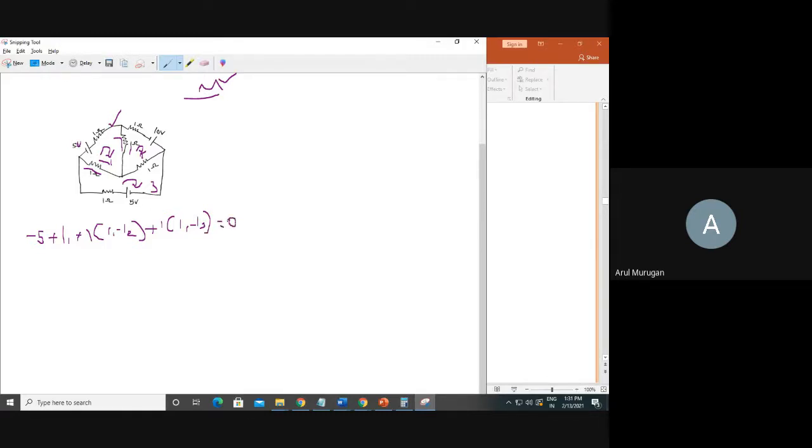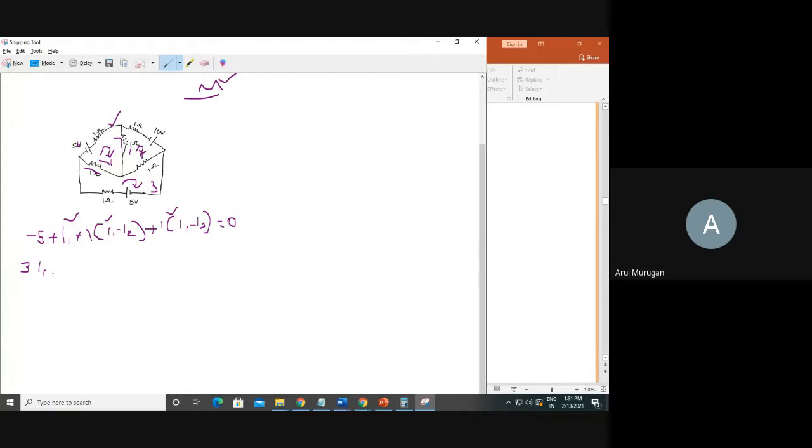Why is it equal to 0? Normally we will write minus 5, but if you are very well known, they will write the 5 on the other side. Okay. In the equation, how many I1s are there? 1, 2, 3. Then you can write 3 I1. How many I2s are there?